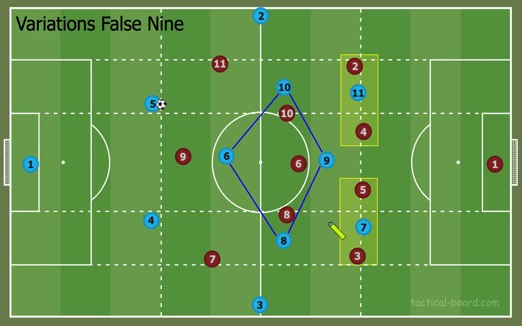So the key parts here is the 2 wingers coming narrow, and it almost looks like a 4-4-2 diamond. And we do see an overload in the half spaces, so it's not uncommon either for the wide attacking midfielders to actually play in the outer half of the external corridors.